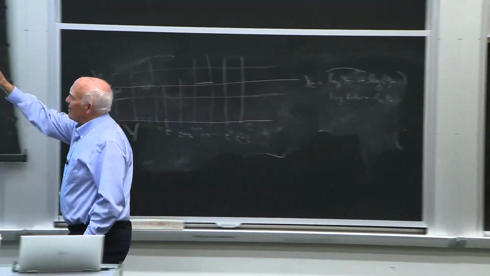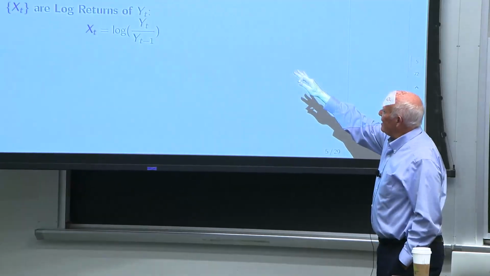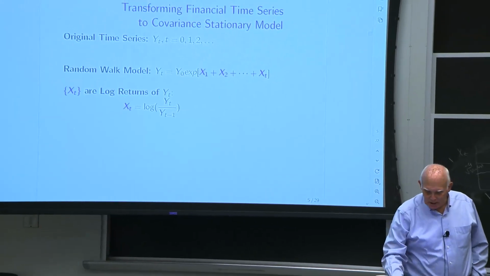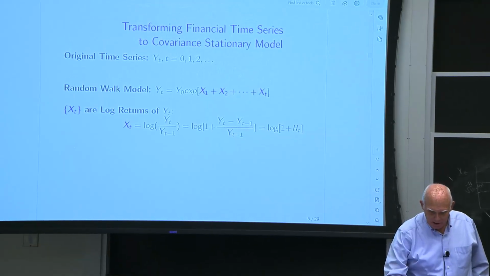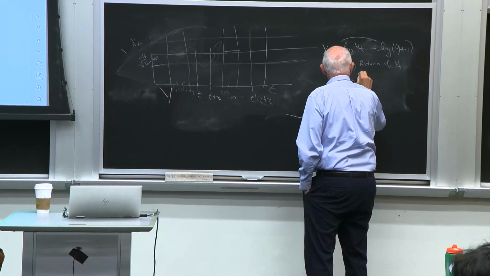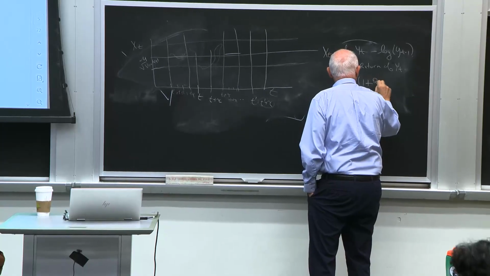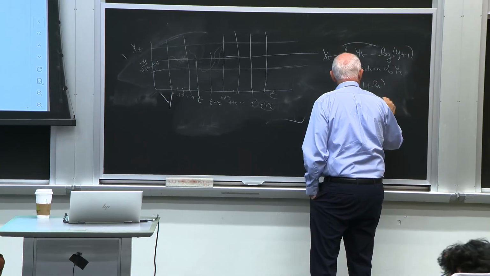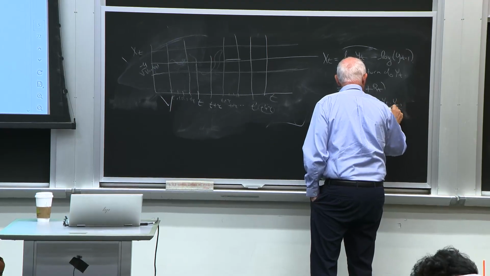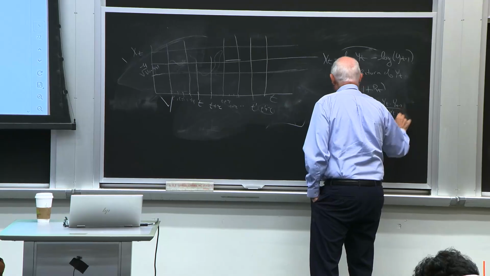Then the value of yt is going to be an initial value, y naught, times the exponential of the sum of these log returns. And we can relate these log returns to the percent returns on a fractional scale. This is log of 1 plus rt, where rt is equal to yt minus yt minus 1, over yt minus 1.